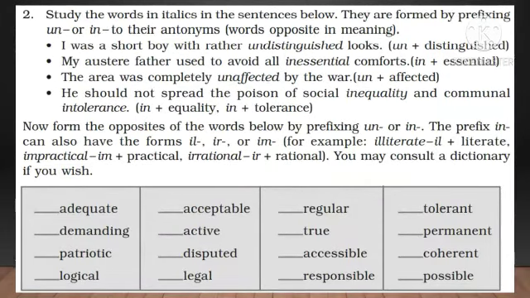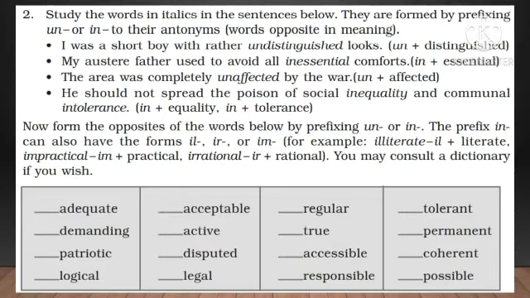Next, we are going to form antonyms. Antonym means forming opposites. For example, do, undo. Or another word, adequate, inadequate.